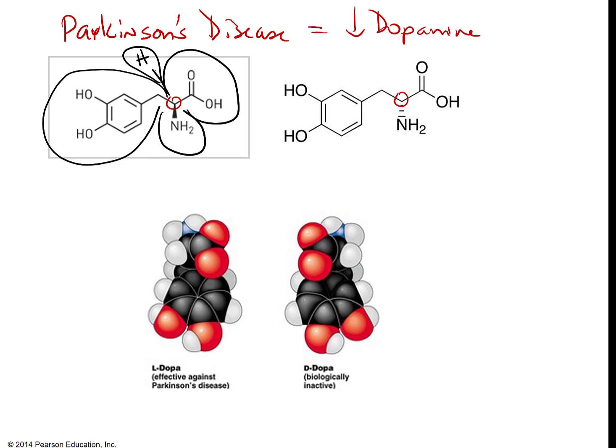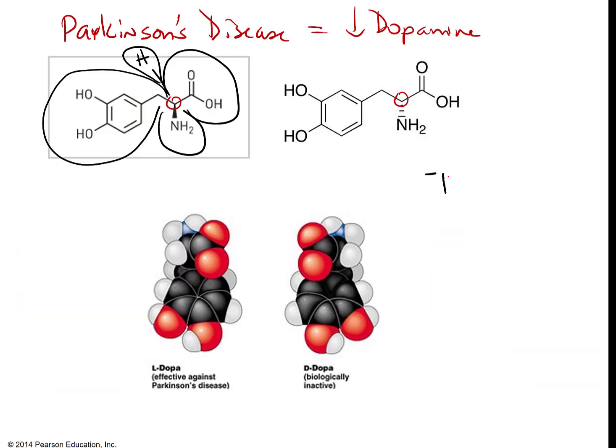They found that if they gave the patient one form, they improved. Their symptoms were alleviated. If they gave them the mirror image, it didn't work. That led to this understanding that the molecules look the same, except that there are these mirror images at the chiral carbon. So L-DOPA is the one that they give Parkinson's patients. D-DOPA doesn't make any difference at all.